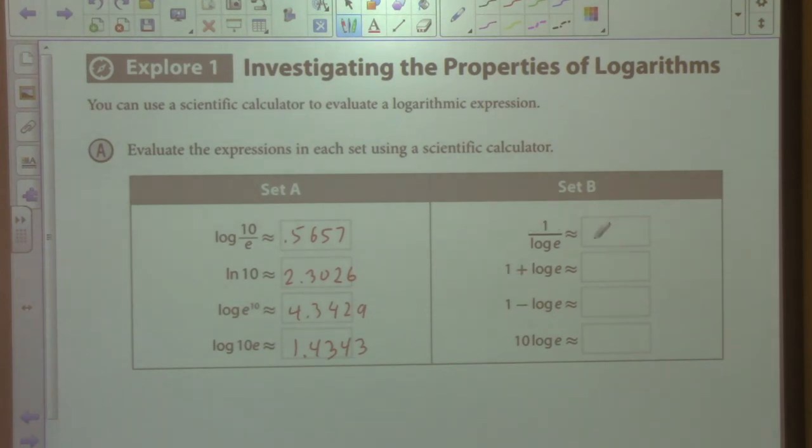Okay, what are you getting in set B here? What's 1 over log e? 2.3026. Okay, so 2.3026. 1 plus log e, I'm going to guess that's going to be 1.4343, is that right? Yeah. 1 minus log e, that's going to be 0.5, right?